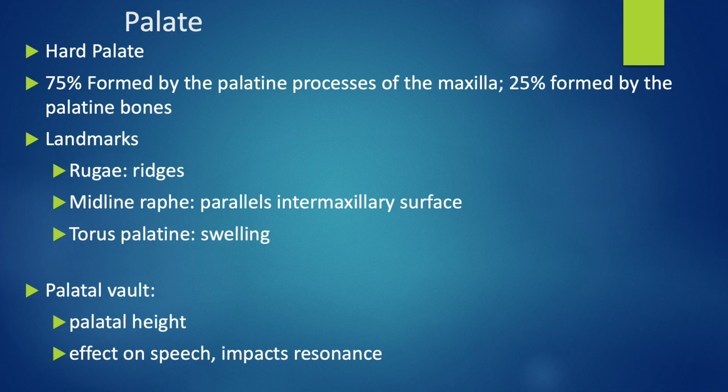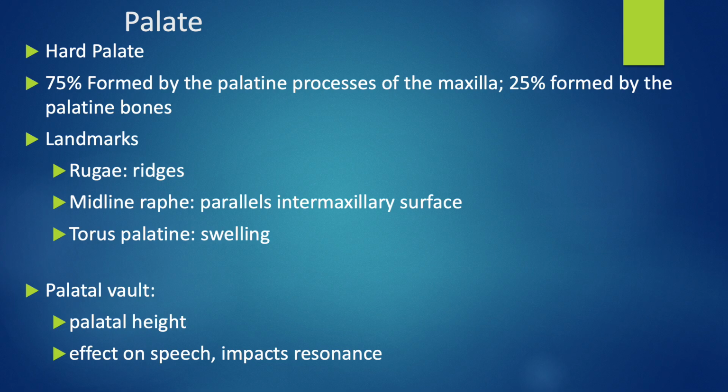A lot of times this will be on the Praxis, but 75% of the hard palate, or the palate, is formed by the palatine processes of the maxilla. So 75% of the hard palate are the maxillary bones, and 25% are formed by the palatine bones, and that's the most posterior 25% of the hard palate.